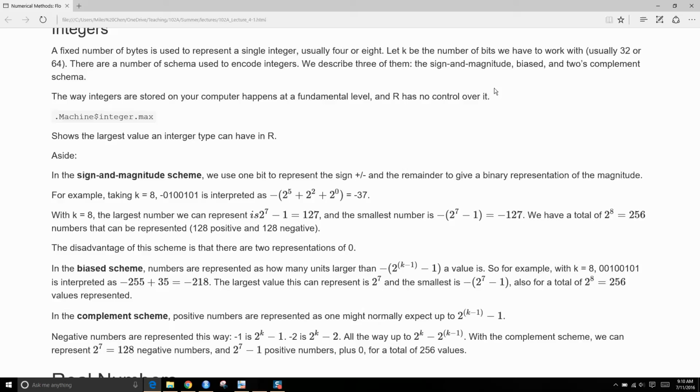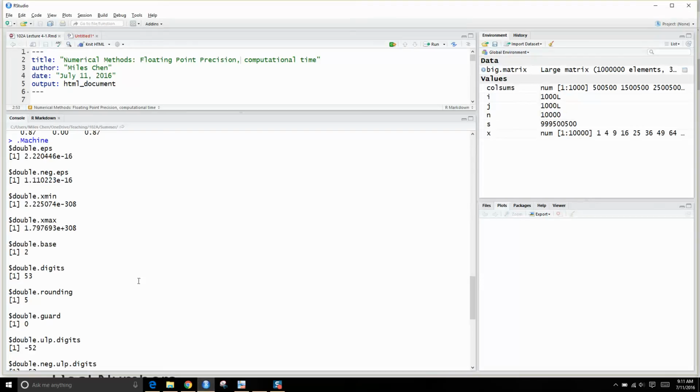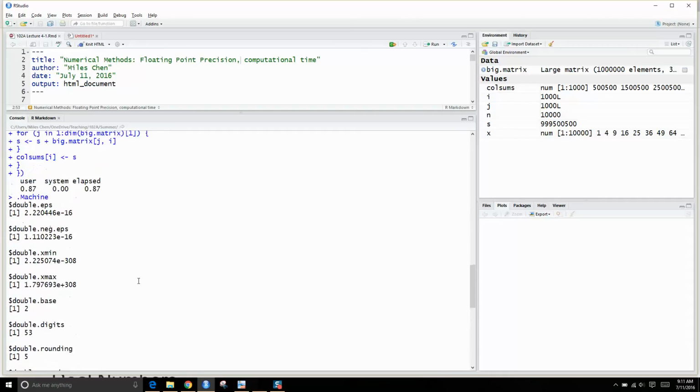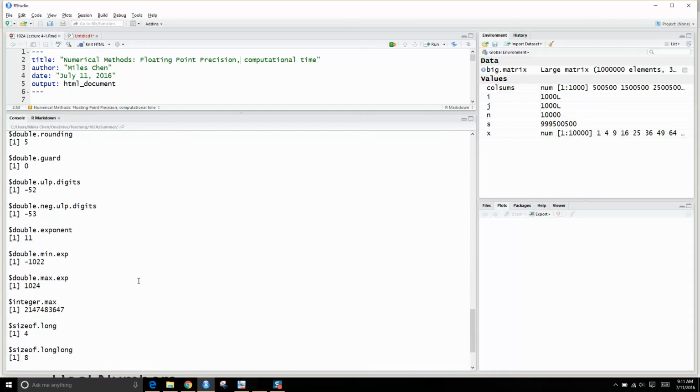We have a few ways to represent integers, and you can check by looking at .Machine. You can see integer max.